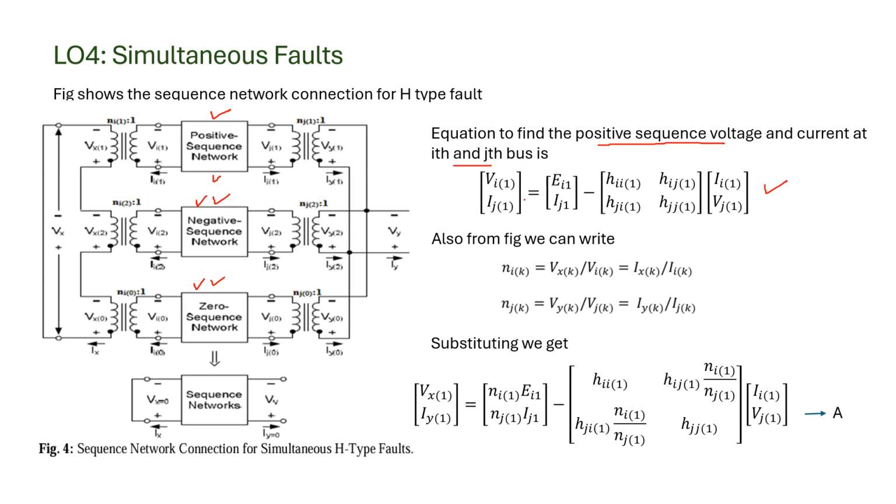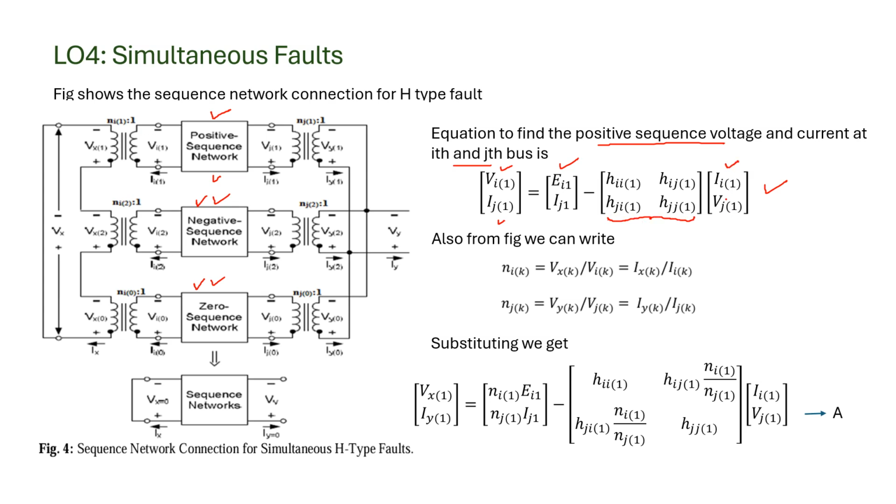Vi is the positive sequence voltage at the ith bus, and Ij is the positive sequence current at the jth bus. And this vector will give you the pre-fault voltage and pre-fault current at the ith and jth bus respectively. And these are the H parameters of the positive sequence network.